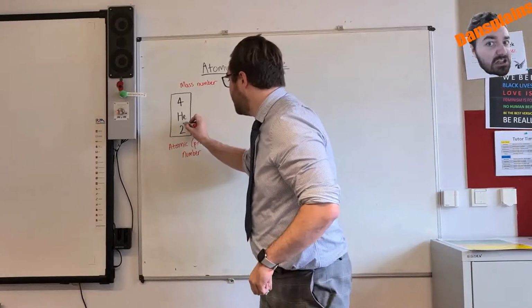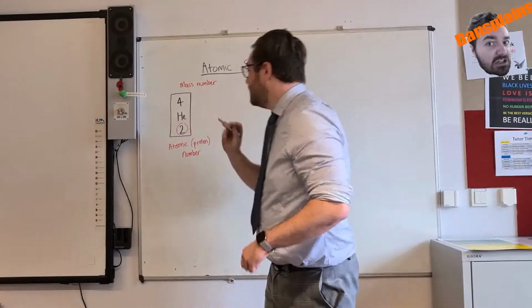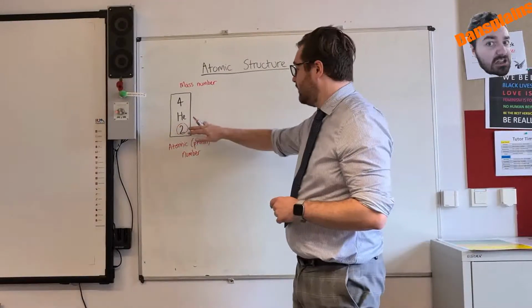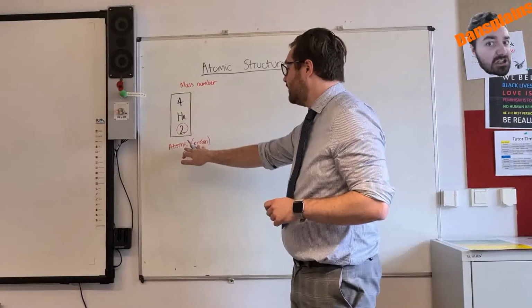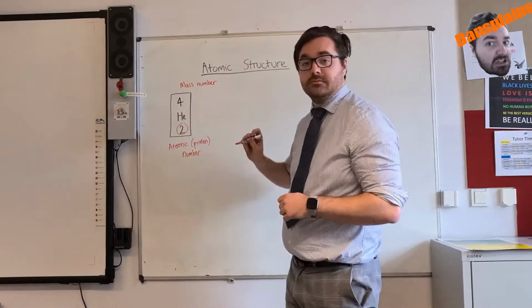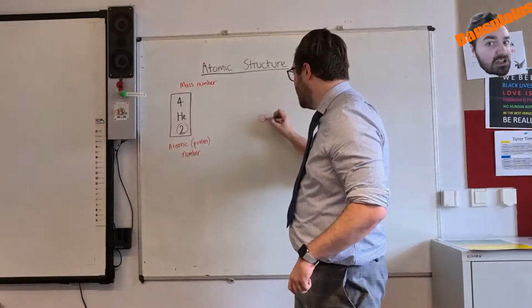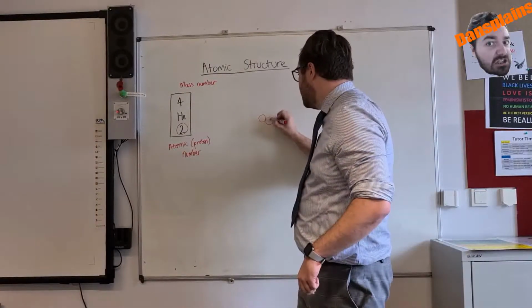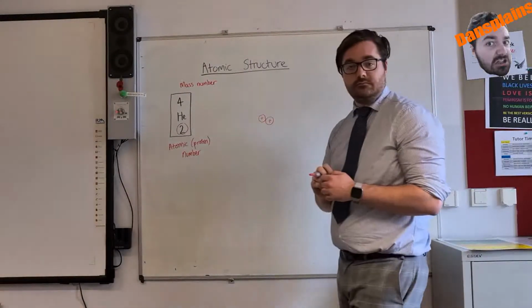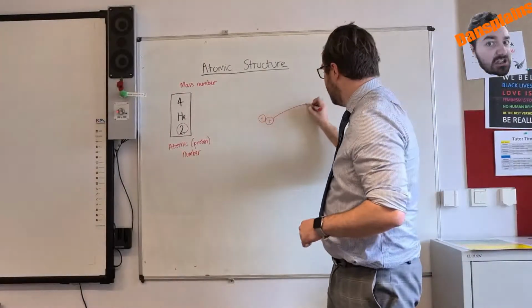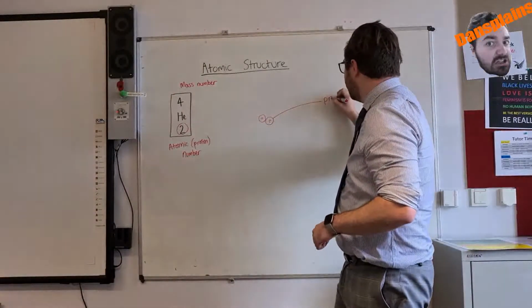Okay, first number I'm going to look at is this 2. So for helium, we have 2 for the atomic or proton number. That means I have 1, 2 protons. Now protons are my first subatomic particle.